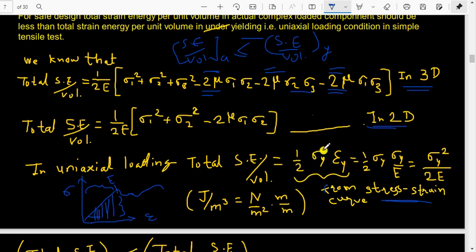This sigma y you can write like Syt, half into Syt into epsilon y. It will be in joule per meter cube, because this is the unit for stress, Newton per meter square, and meter per meter is the strain.